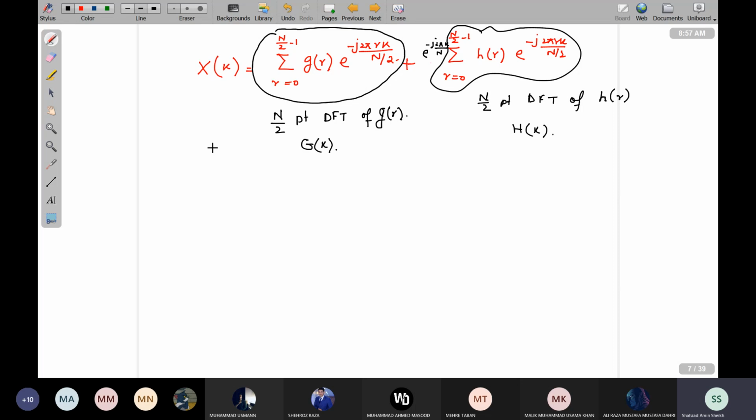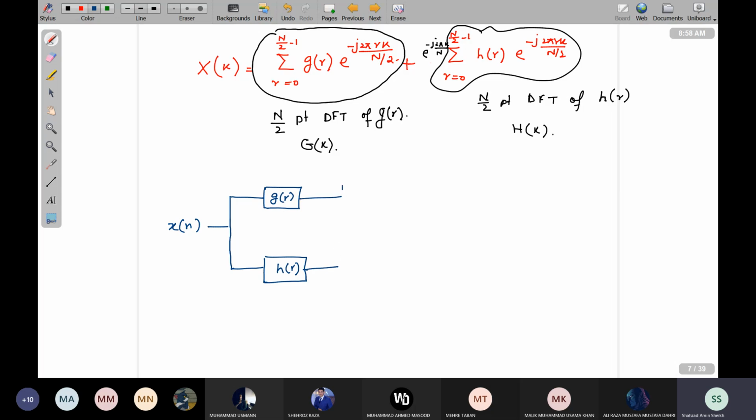So pictorially, what's happening? We are taking x of n, we are splitting it into g of r and h of r, nothing but just the even indices samples and odd indices.